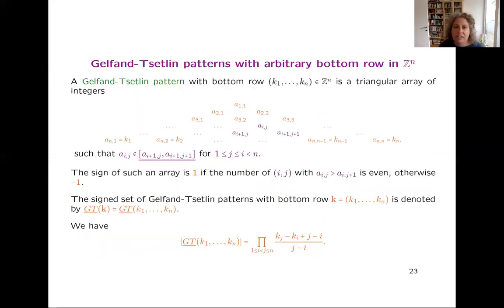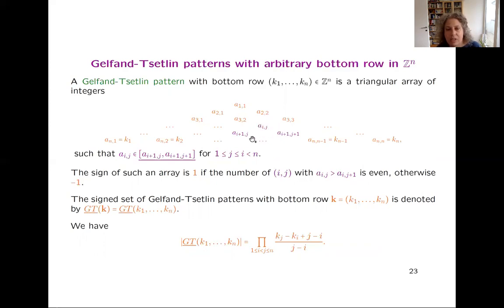How we defined Gelfand-Zetlin patterns on the previous slide implies that the bottom row has to be weakly increasing, but actually we need more general objects for arbitrary integer bottom rows, and this is explained on this slide. It's again a triangular array with the following conditions. For every small triangle, so you have two adjacent elements in the same row, and then the element which is above, in the middle.